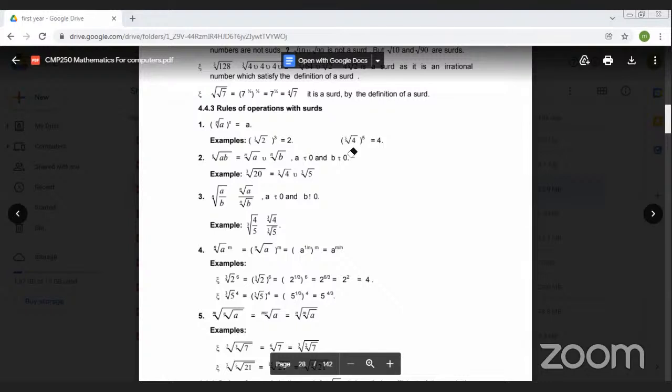So if I write 0 over there, will it be a rational number? Below, for b, it shouldn't be equal to 0. And what about a? If a is 0, then it will be 0 raised to the power of 1 upon n. Correct?